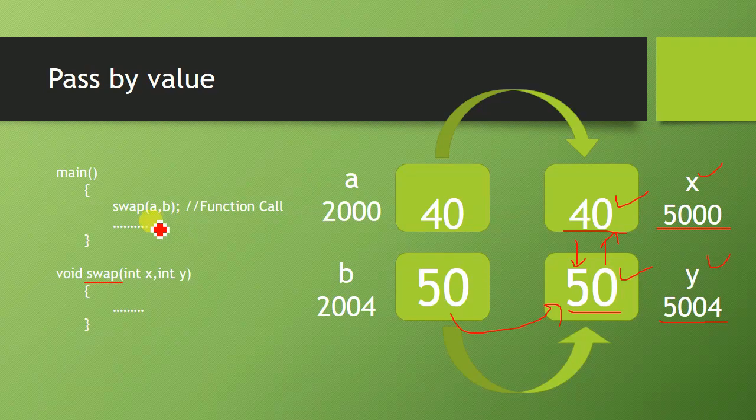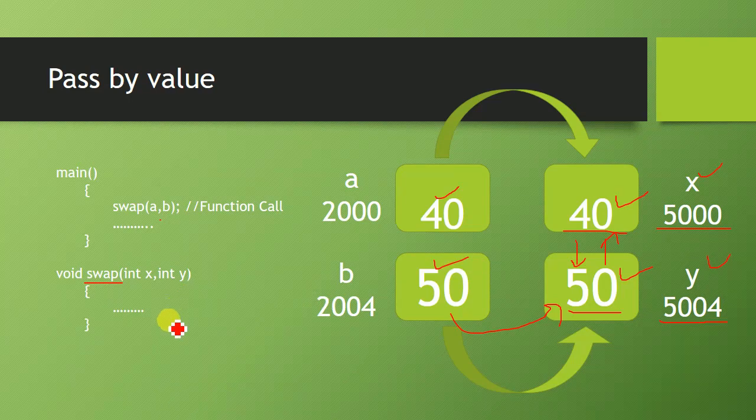Now if after this function call we again print the values of a and b, they will come out to be 40 and 50 only.